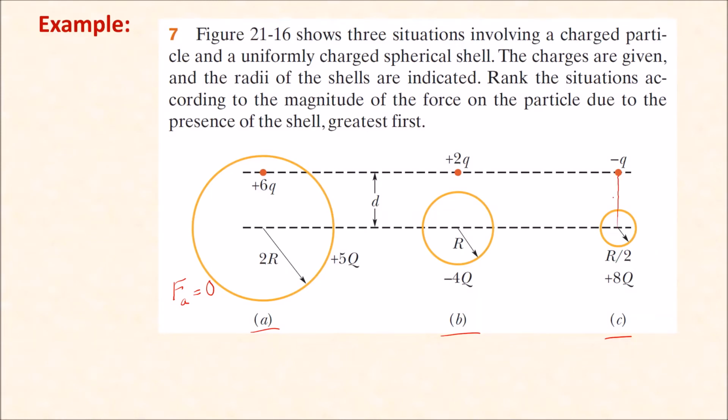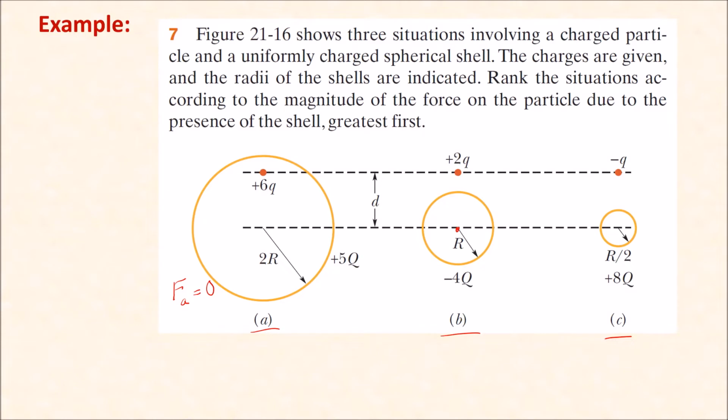This is tricky because the shell theorem says that no matter what the radius of the shell is, as long as the charged particle is outside, the shell acts like a particle at its center, right? So it means that in part B, you can put all of the charge negative 4q of the shell at its center.